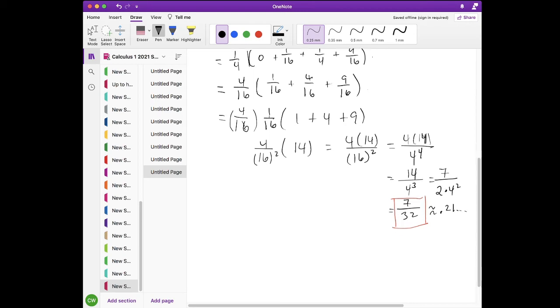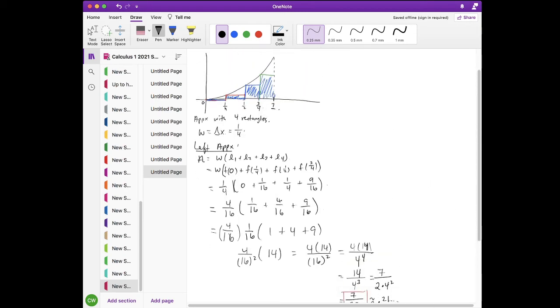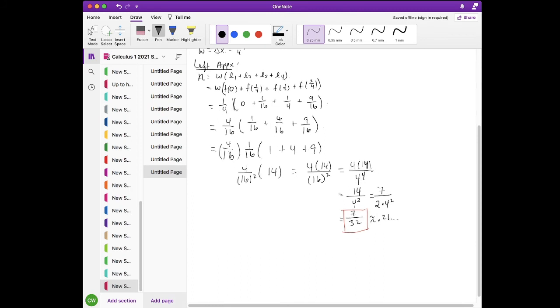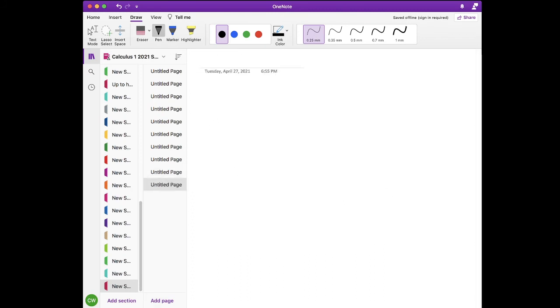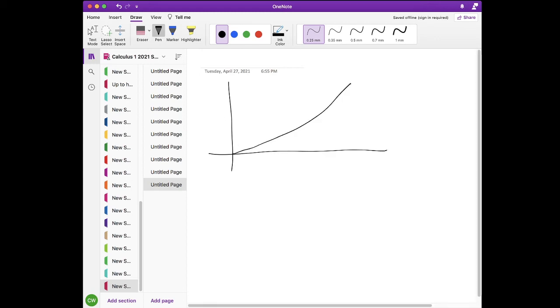Okay, so let's use right approximation now and see what we get. So same intervals. Now let's use right approximation. Okay, so what is L1?